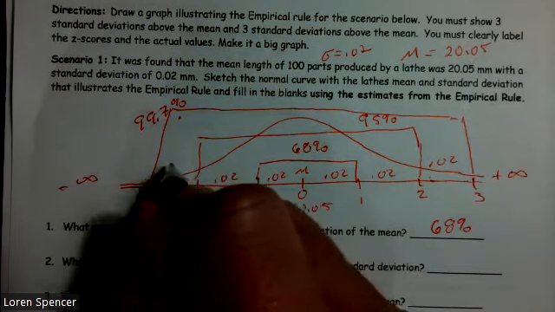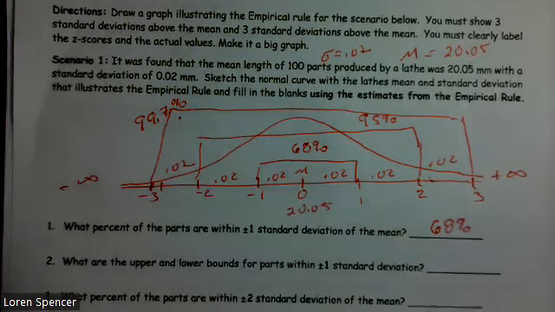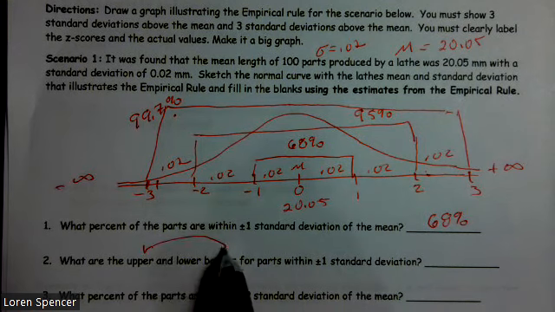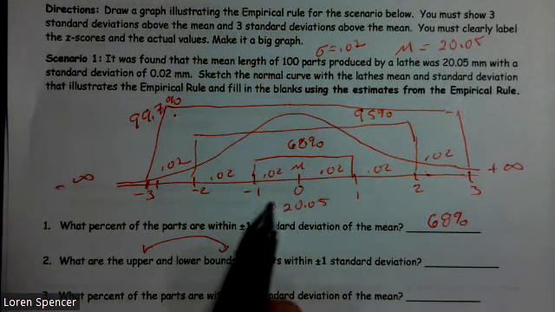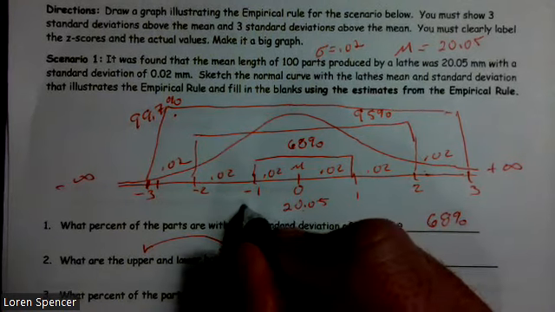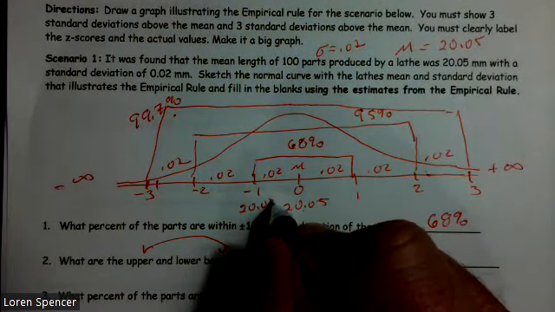But nonetheless, the spacing should be the same if I were actually drawing this accurately, and everything would be spread out nice and evenly. So it says upper and lower. We really should be looking at lower and upper. So if I take away 0.02 from 20.05, I end up with 20.03.